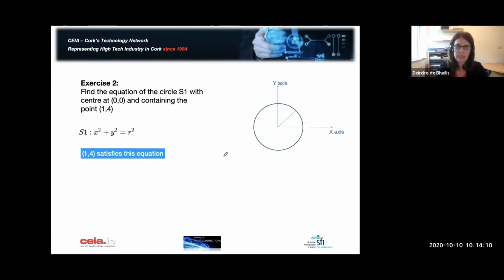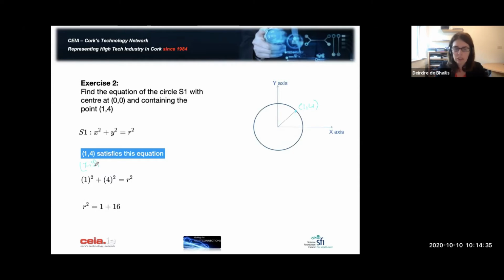And what it says is that the point 1, 4 is on the circle. Therefore, it must satisfy the equation of the circle. That means that we can insert 1 in place of x and 4 in place of y. And that will allow us to calculate the radius.